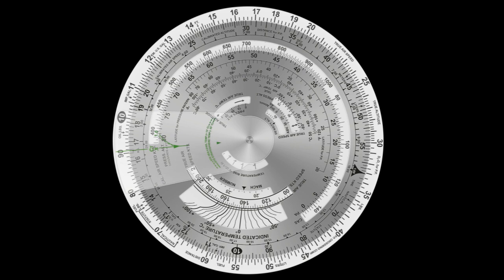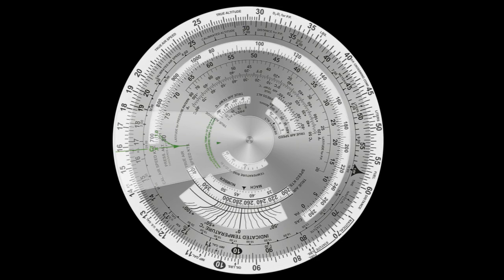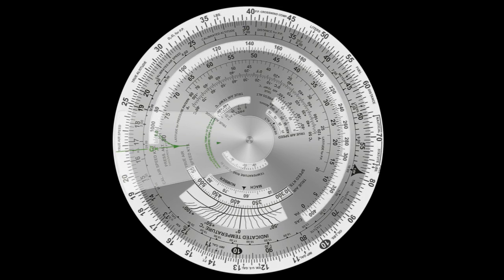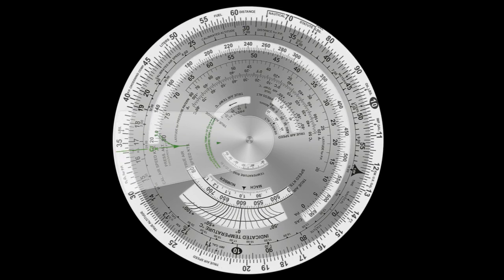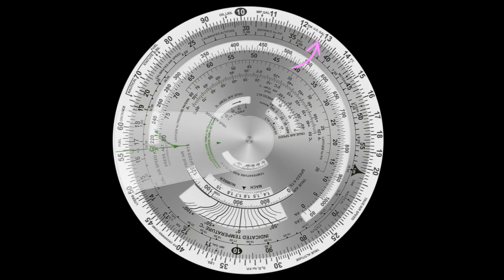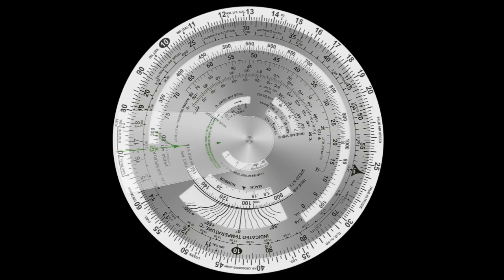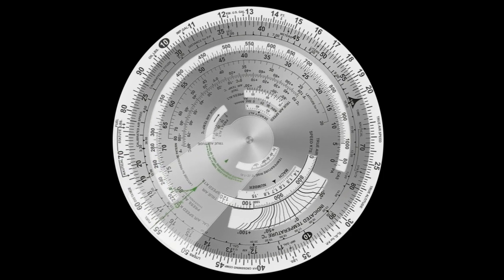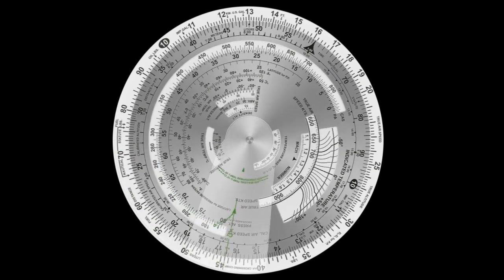How to sort out this problem? Well, I can take the outer scale and try to find US gallons. I found liters actually, but let's try to find US gallons. There we go, I found it, US gallons. And on the scale of the Jeppesen computer, try to find liters. Here we go.